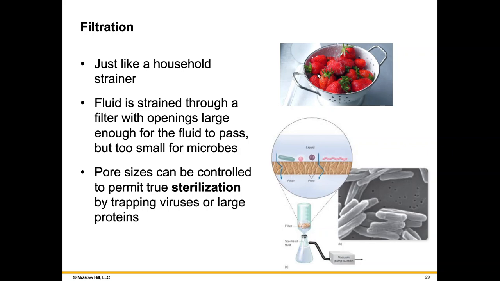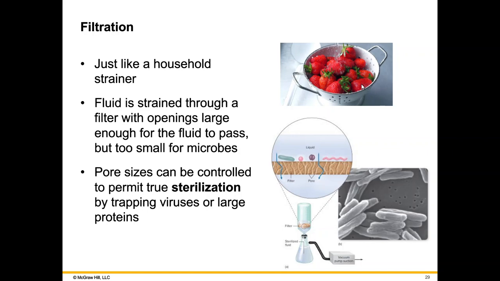You can see the water's dripping down, and that's going to allow all the dirt that may be on them or some of the microbes to pass through the holes of the strainer, but the strawberries will stay in the bowl. So that's basically what we're going to be referring to in filtration processes, just on a much smaller scale.